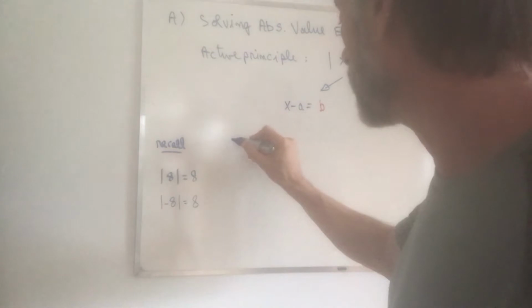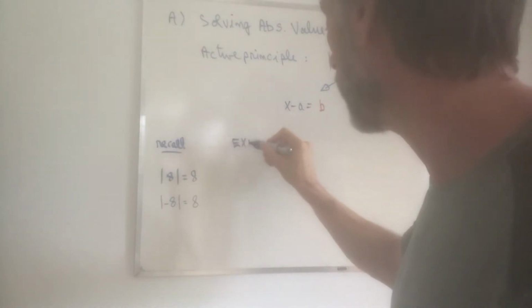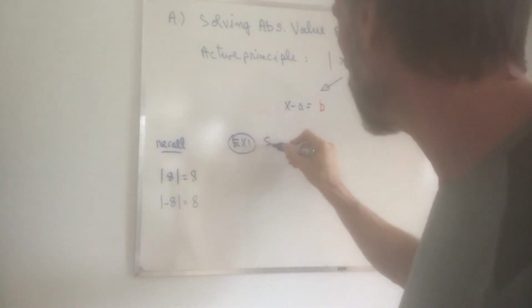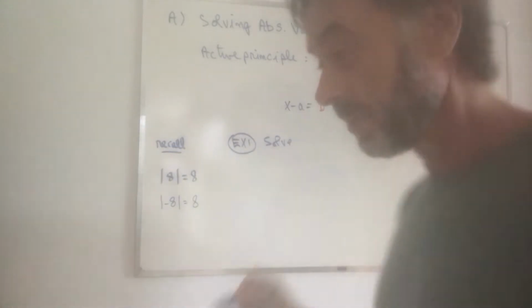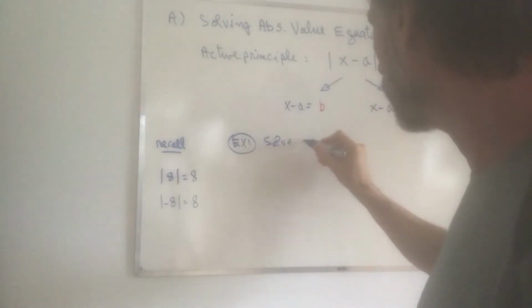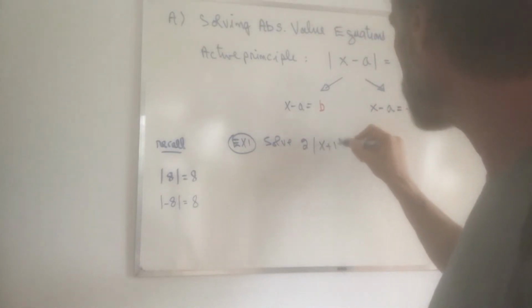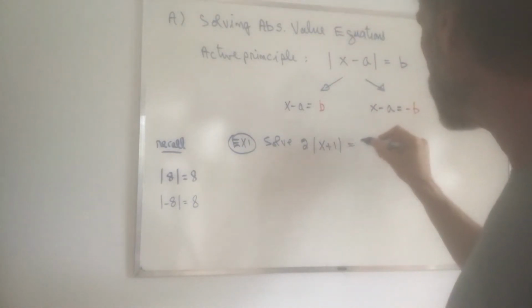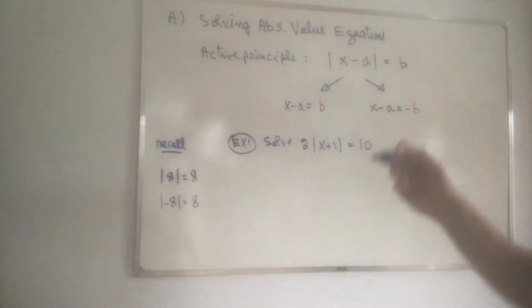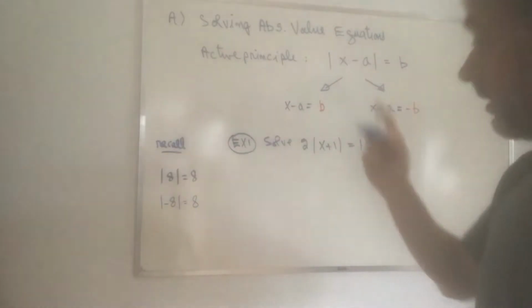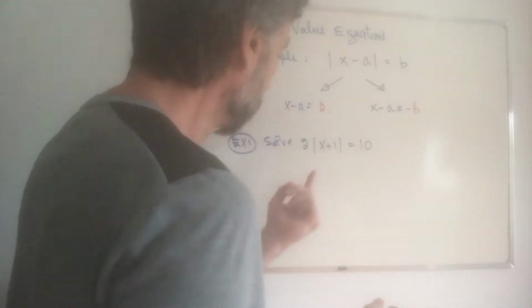Okay, so what about an example? Solve 2 multiplied by the absolute value of x plus 1, and that is equal to 10. All right, so we're going to tackle this pretty much the way we have it explained over here.